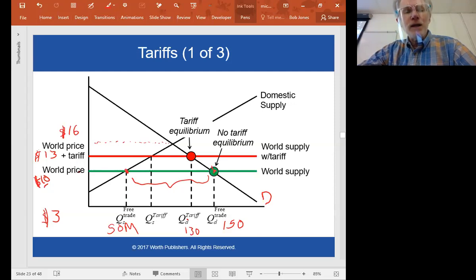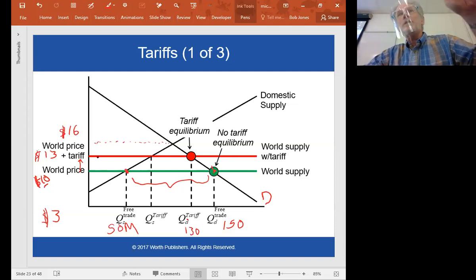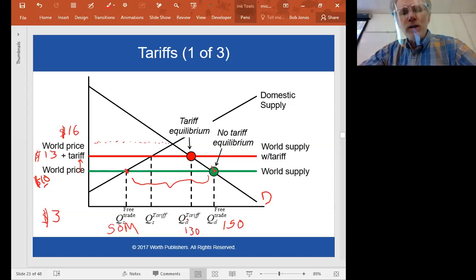Now that the price has gone up by $3 to 13, U.S. producers want to supply more. It's profitable to them to supply more. So U.S. producers are going to move from here over to here. The quantity that U.S. producers will provide is now whatever this quantity is.